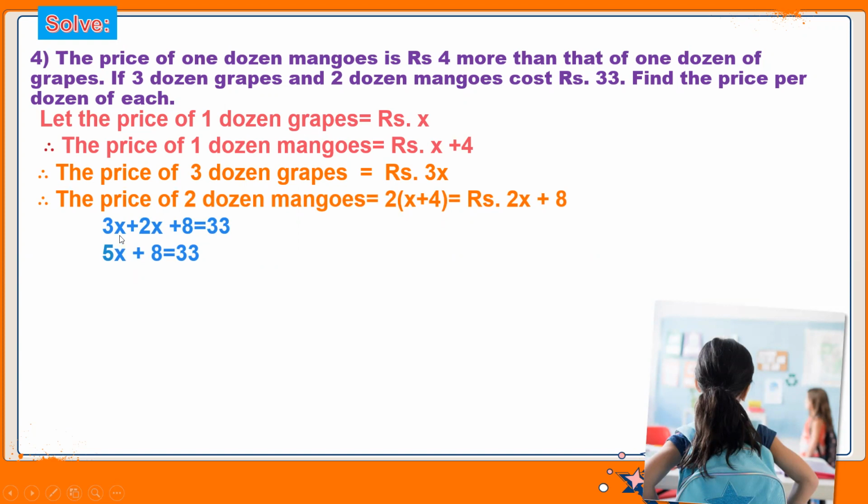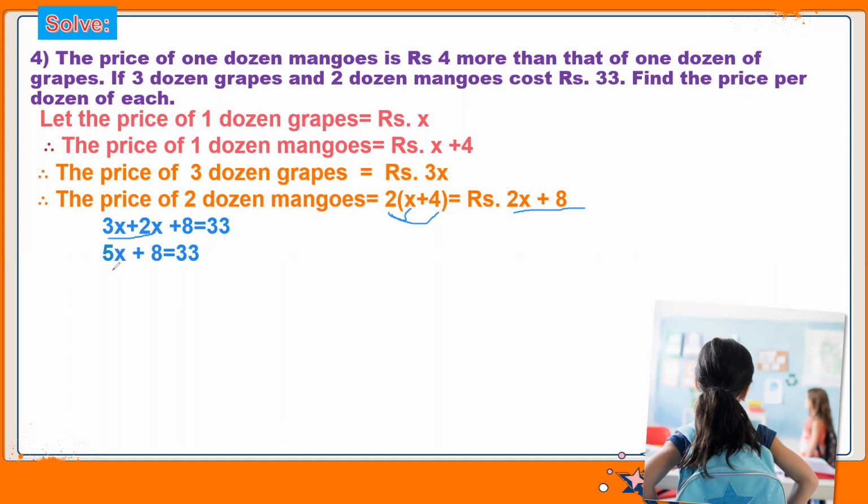So here we get 3x plus 2x plus 8. Why? Because this 2 is going to be multiplied with x as well as 4. 2x, and 4 2s are 8, plus 8. So I have written 3x, the price of 3 dozen grapes, and the price of 2 dozen mangoes over here. This is equal to 33, right?